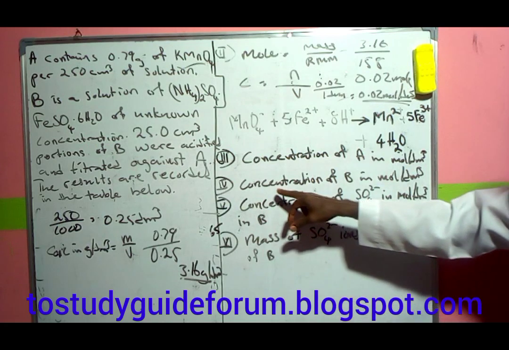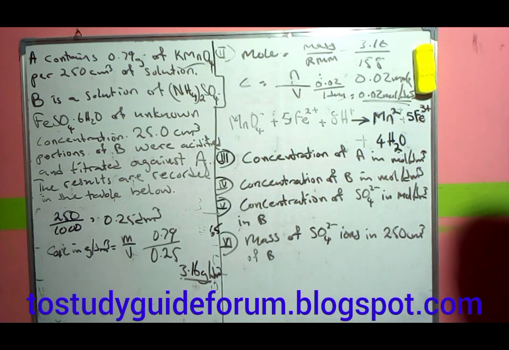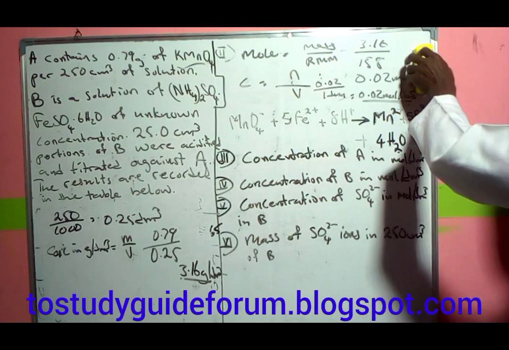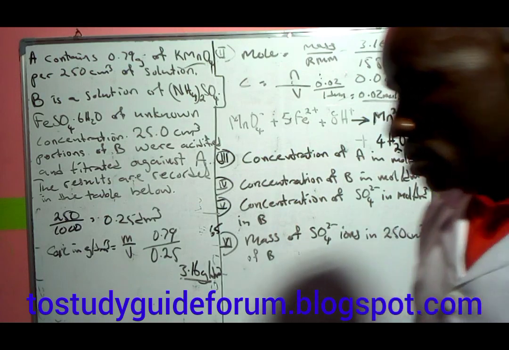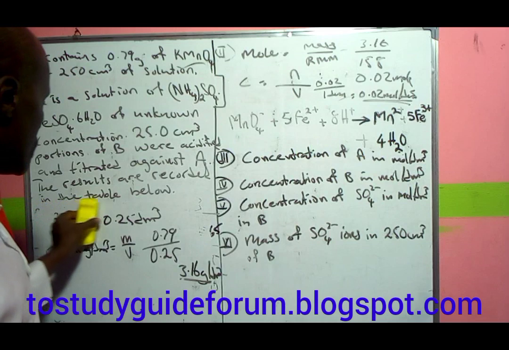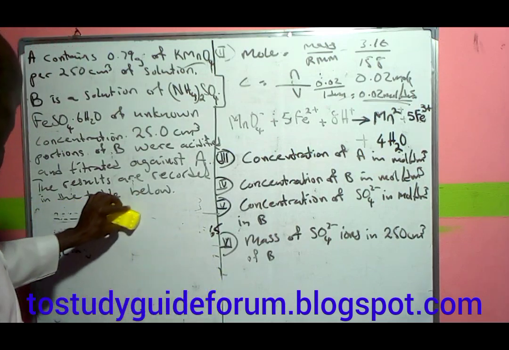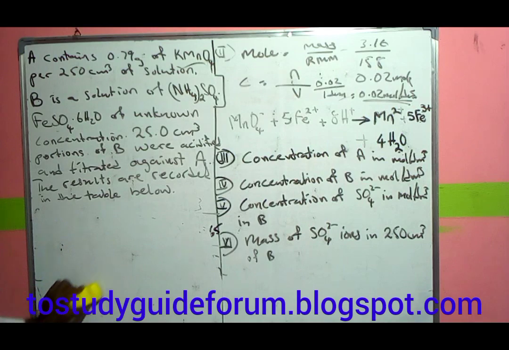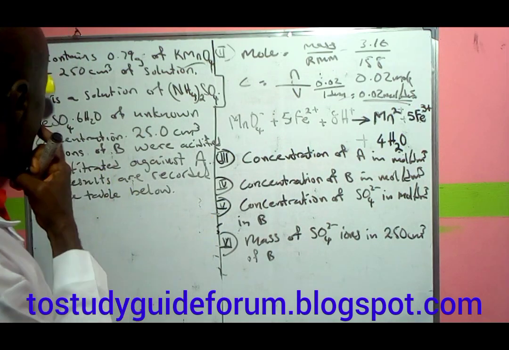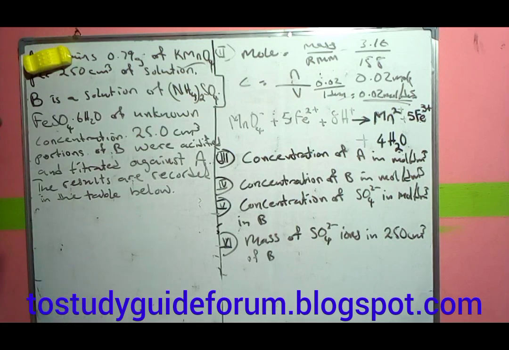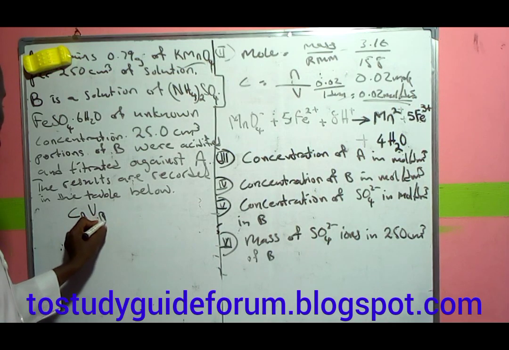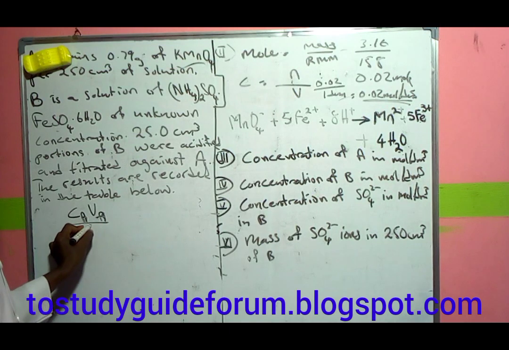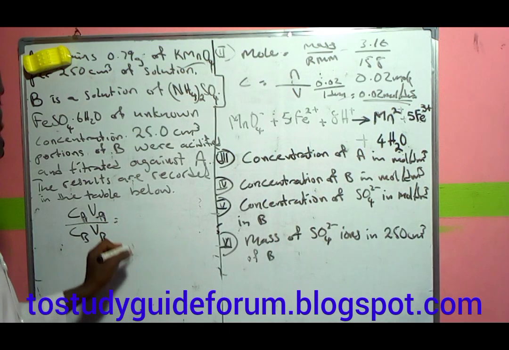The next thing we are going to do is to calculate the concentration of B in mole per dm cube. In this case, we are going to be using the normal relation, which is CA VA over CB VB equal to their mole ratio.